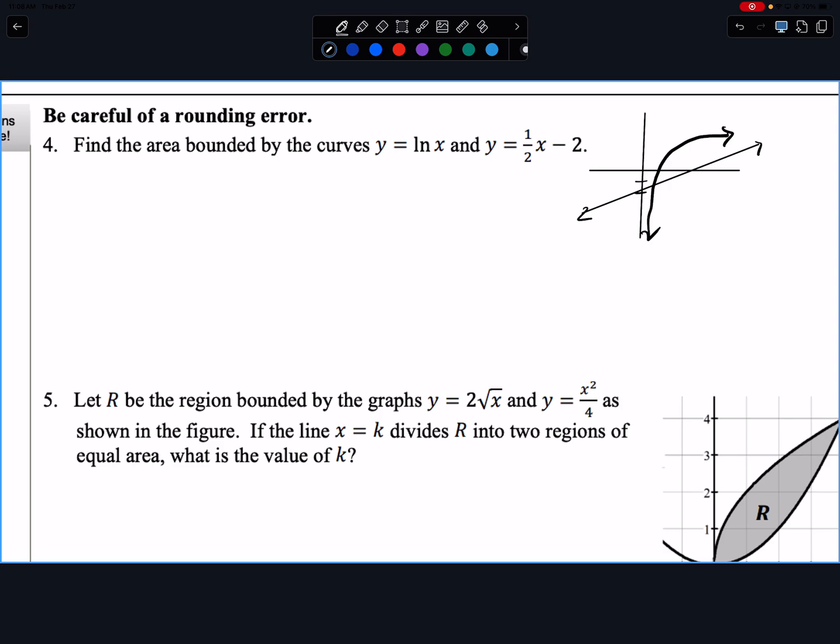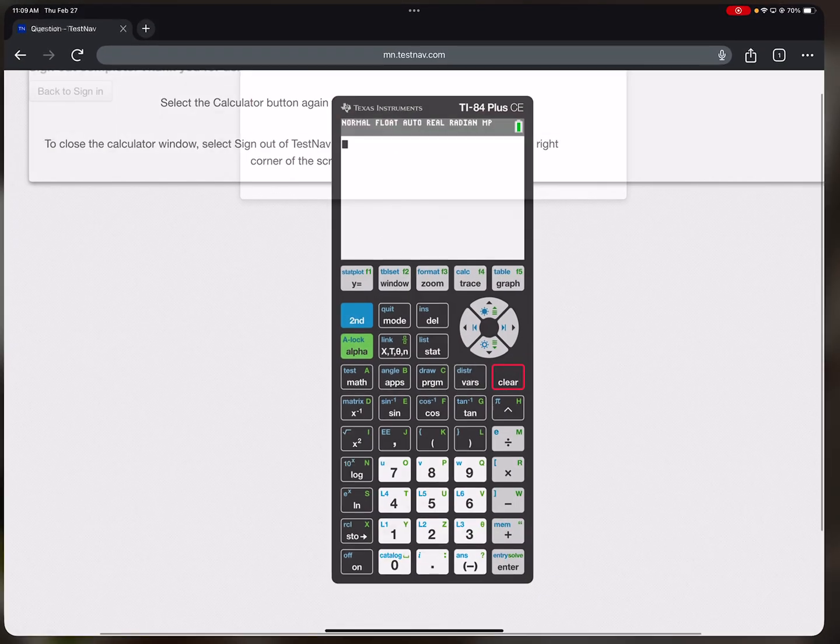No. So this is important to graph the functions to figure out what is f of x, what is g of x, and then also figure out where do they cross, okay? So I'm gonna put this into Y1, put this into Y2. So let's go ahead and do that.